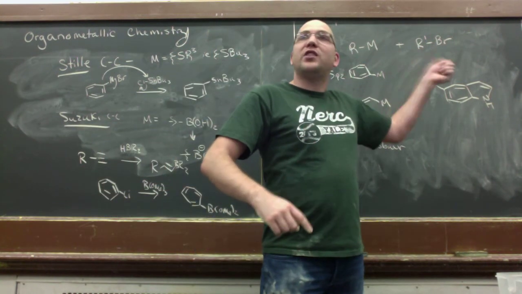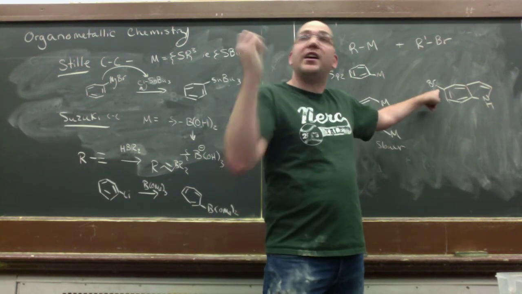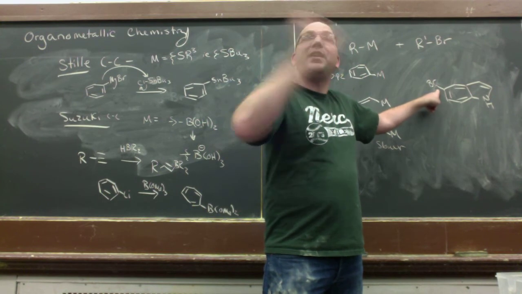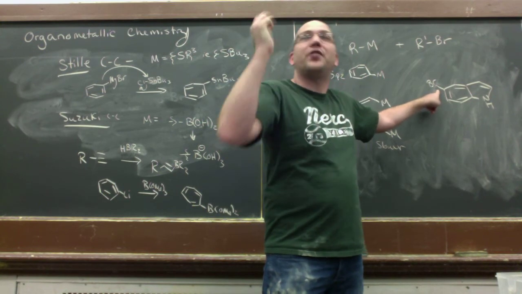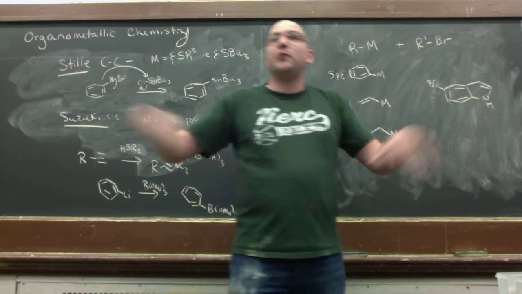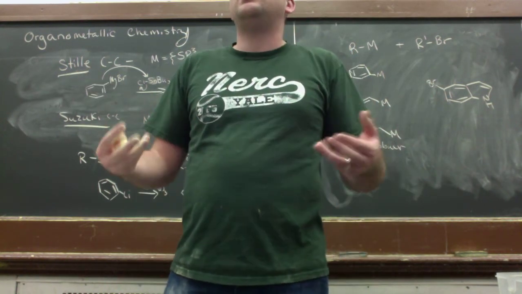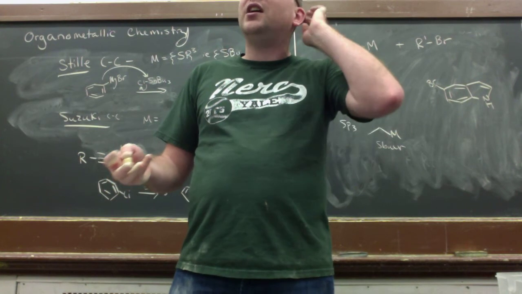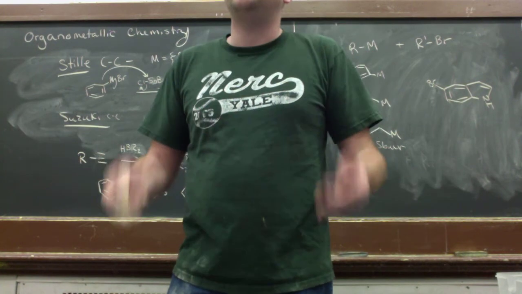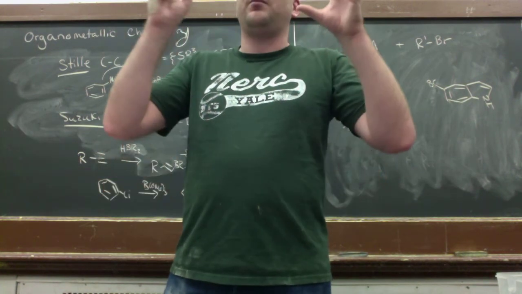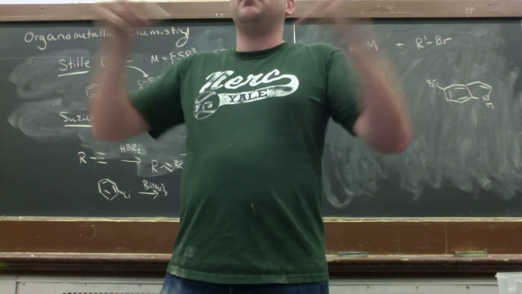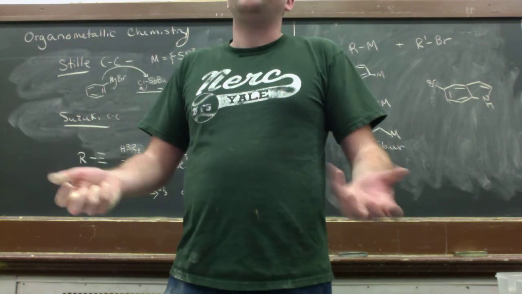Now you can even transmetallate this to a tin, and then take all these other alkyl halides and make analog after analog after analog, and those can be tested to try to optimize for new drugs. Specifically in medicinal chemistry it's been huge, because you can get to much more diverse libraries fairly quickly.